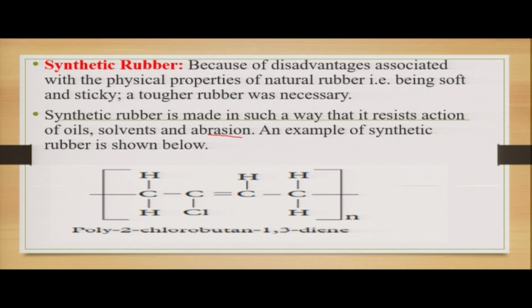The chemical name 2-methyl-but-1,3-diene is the monomer, the small units. They join up together to form poly-2-methyl-but-1,3-diene, which is natural rubber.